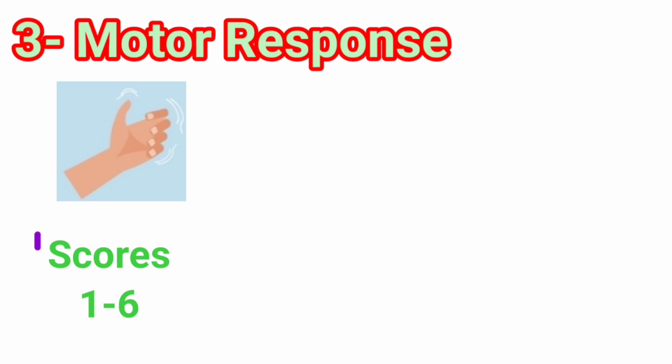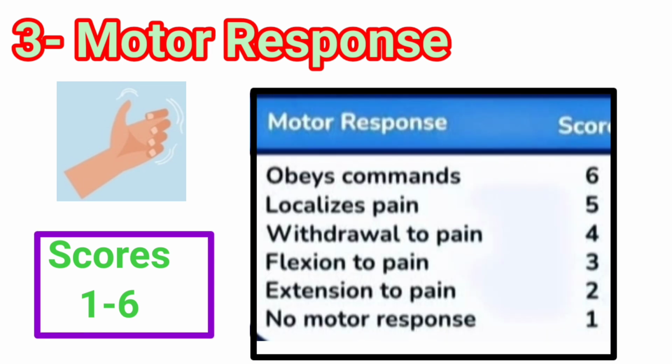Now the final component of the Glasgow Coma Scale, the motor response, which includes scores from 1 to 6. A perfect 6 means the patient obeys commands. When the patient localizes pain, pushing away or reaching toward the stimulus, they have a score of 5. Withdrawal from pain gets a score of 4.